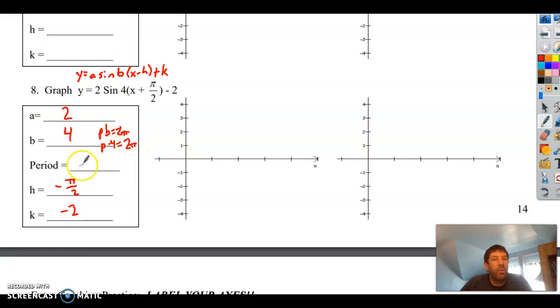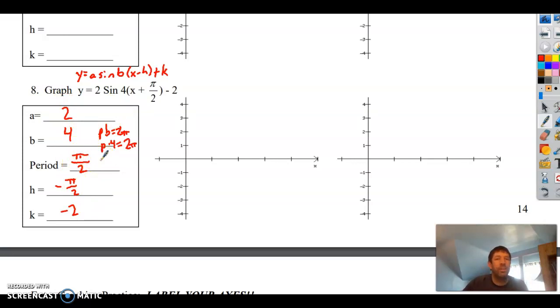Divide by 4, and P is 2 pi over 4, or pi over 2. So what we're saying is that if we can fit in 4 cycles in 2 pi, then each cycle needs to be pretty short. Each cycle can only be a half of a pi. Okay? So we've got everything we need there.